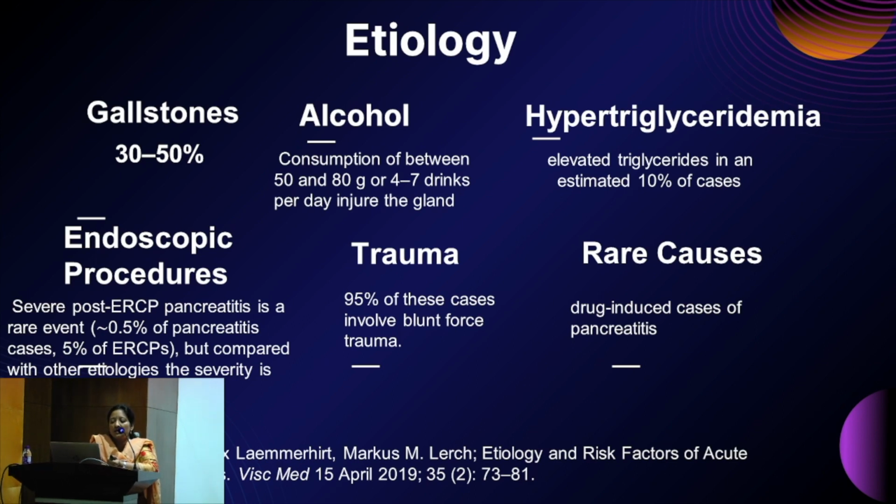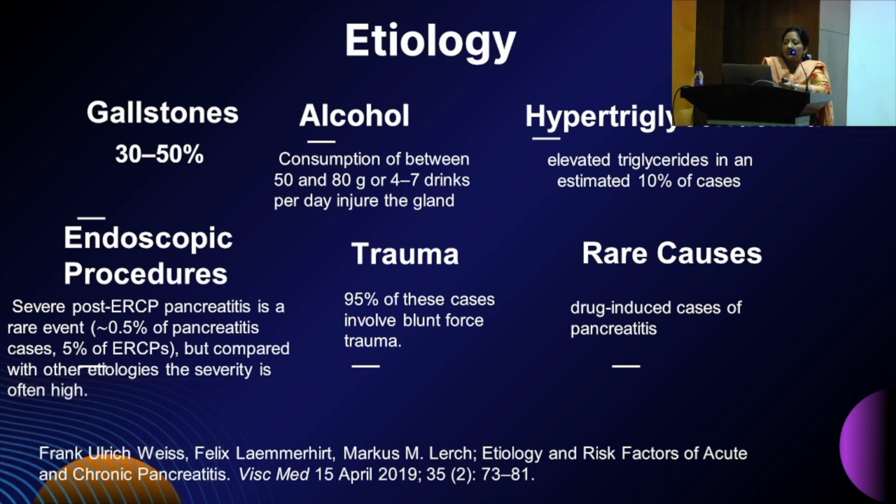Post-ERCP pancreatitis incidence is pretty low, less than 1%, but the severity is very high, so this is what we have to keep in mind. Blunt trauma to the abdomen can most often present with pancreatitis. Some rare causes such as drug-induced pancreatitis are all known, but the majority of the time, the most common causes are either gallstones or alcohol.